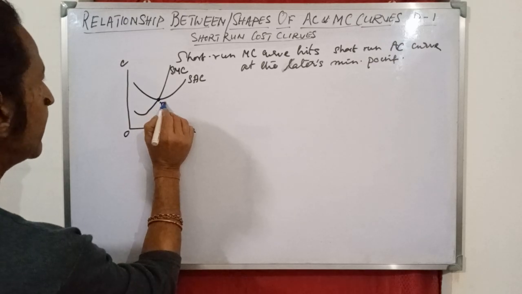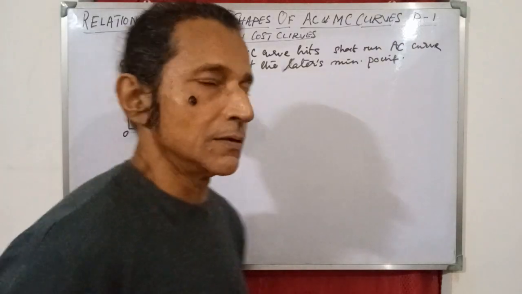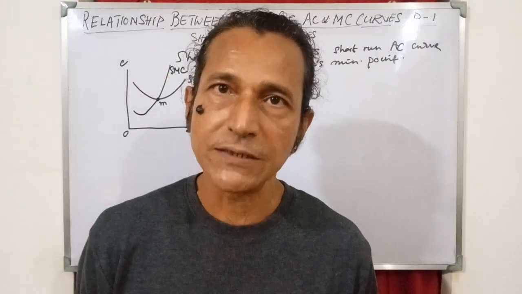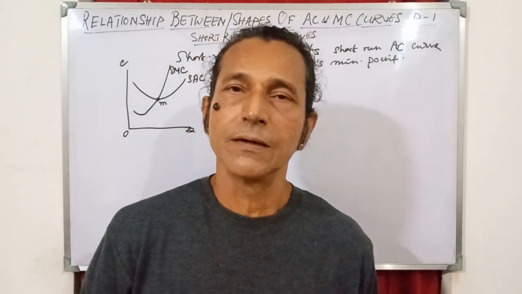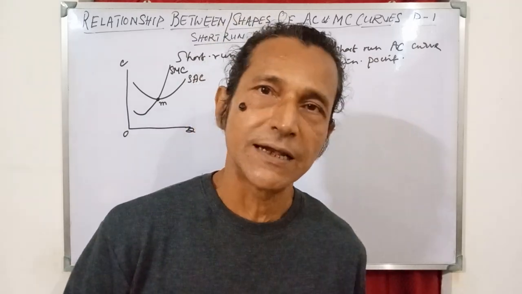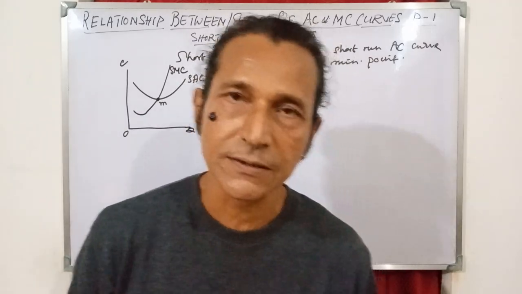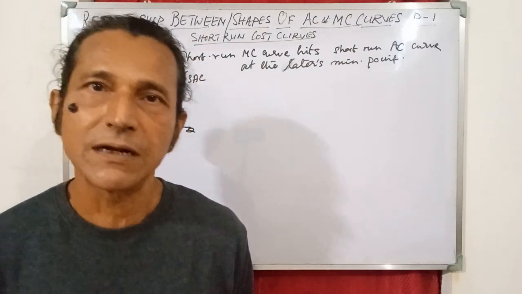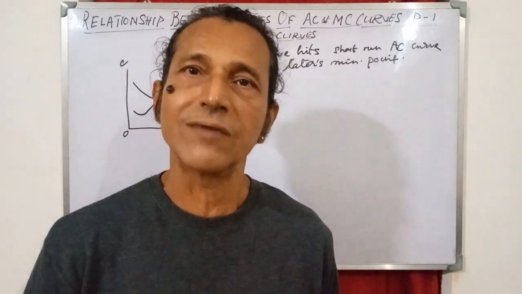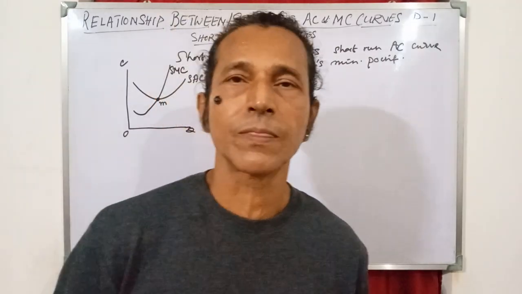Let this point be M. So this is the postulation that the short run marginal cost curve intersects the short run average cost curve at the latter's minimum point. This means the marginal cost is equal to the average cost when the average cost is minimum.